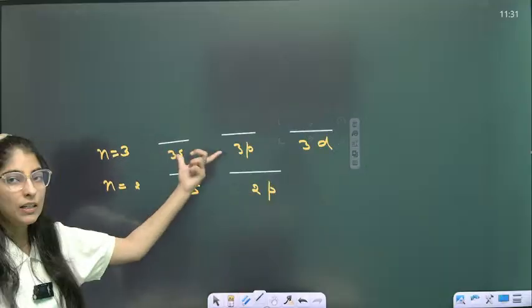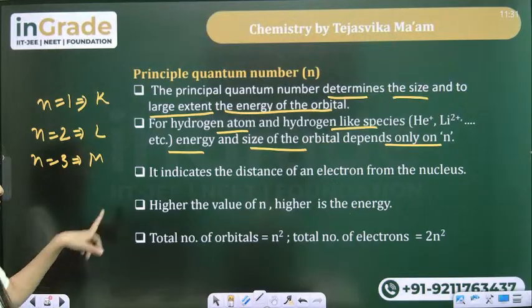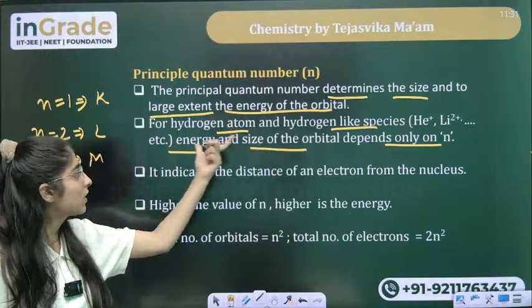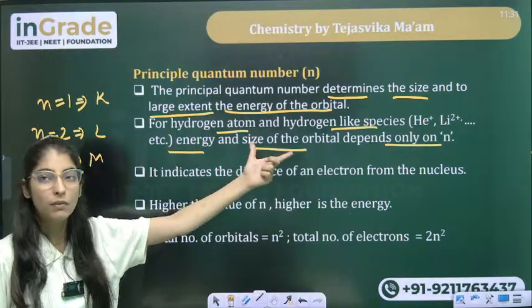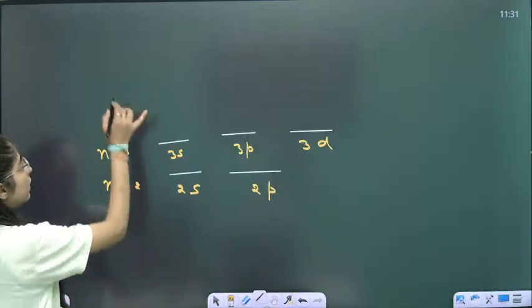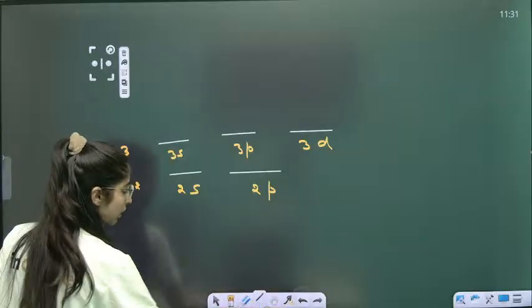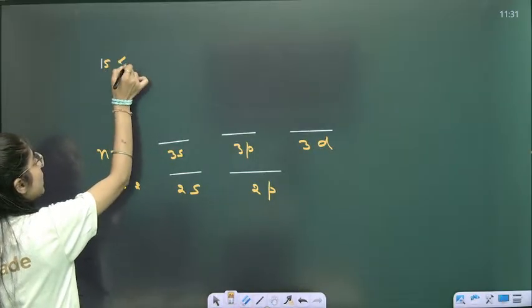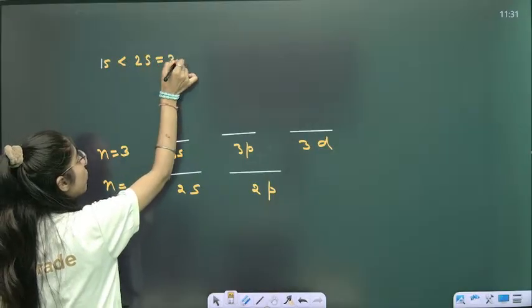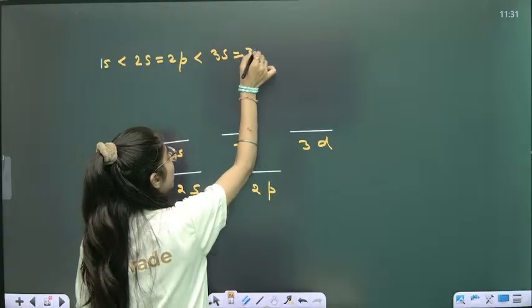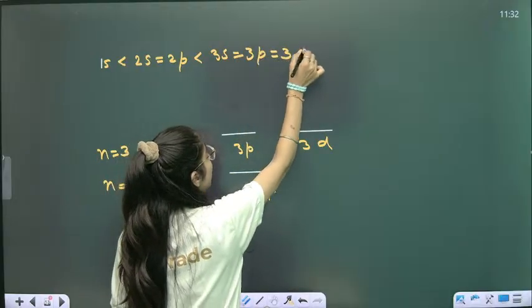Now come and see this point, it simply says that for hydrogen like species, the energy and size of atom completely depend upon n. You can see here 1s is less than 2s, which is equal to 2p. Next will come 3s, which is equal to 3p, which is equal to 3d, and so on.